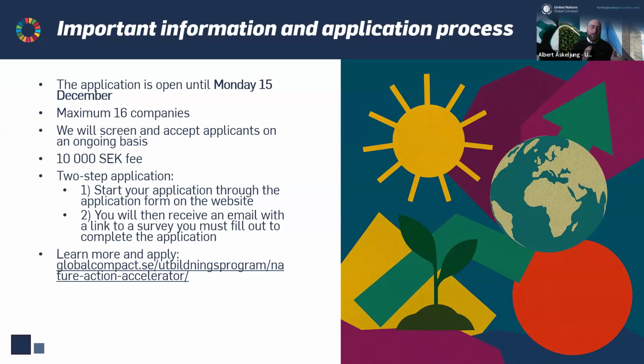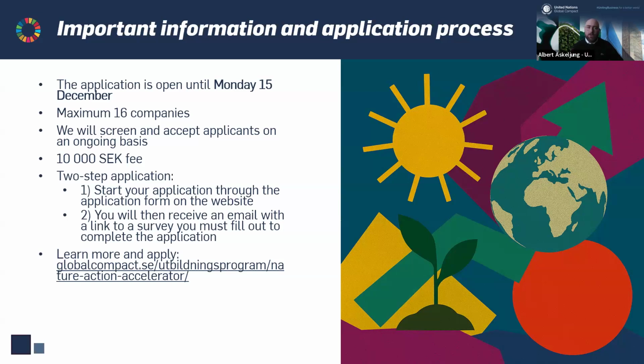When you have submitted your application there, you will get an automatic email with another link to another survey you need to fill out and submit in order to complete your application. So remember that you need to do both these steps in order to submit the full and final application to the program.